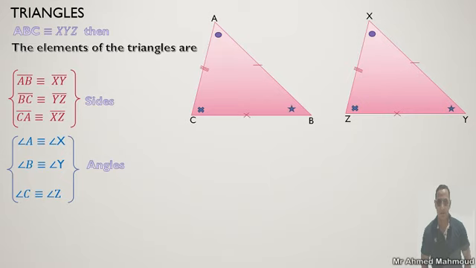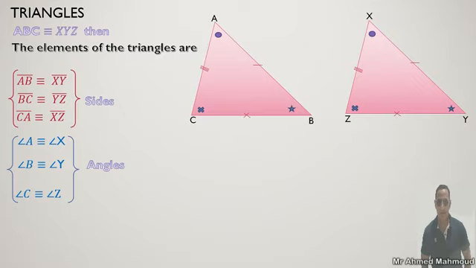But we can prove that two triangles are congruent if we have only three elements from both triangles. Of course, I can't select the three elements randomly. I can select them by using 4 special cases.